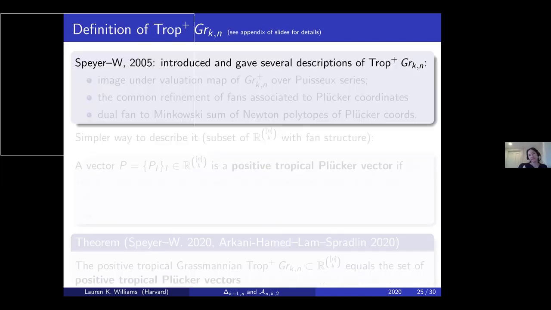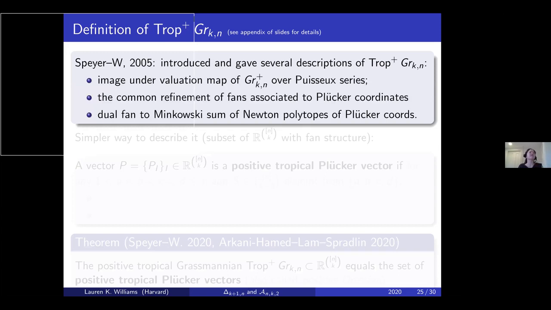And so let me now define the positive tropical Grassmannian. In our original paper, we defined it as the positive part of a tropical variety defined over Puiseux series, and showed this could be computed as a common refinement of some fans, or equivalently as the dual fan to a Minkowski sum of some Newton polytopes.